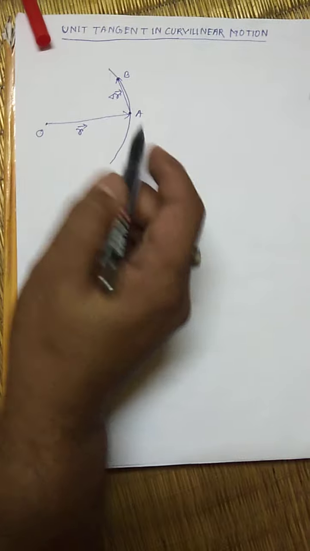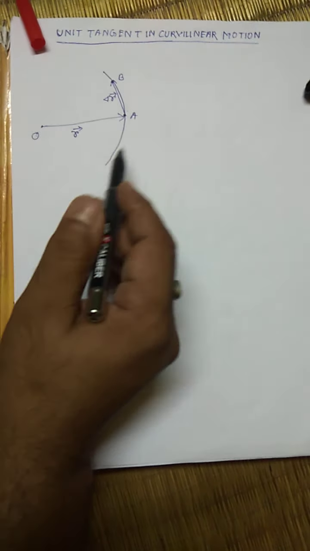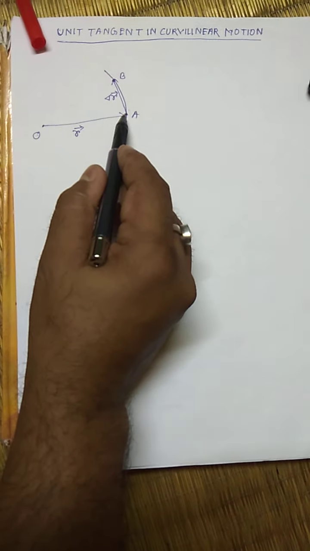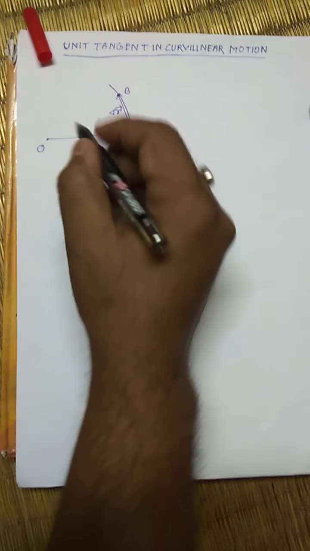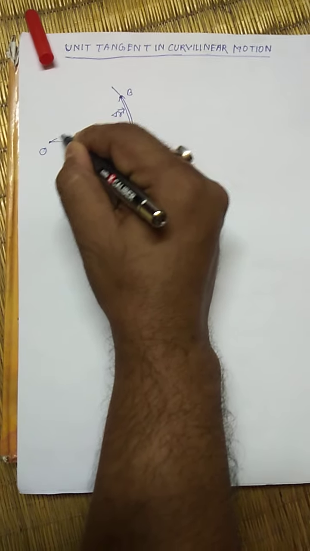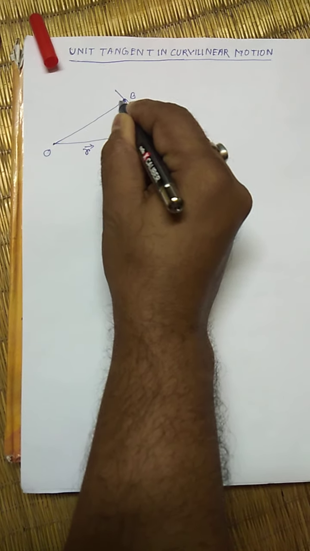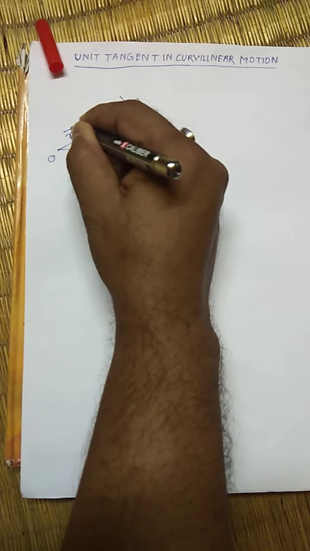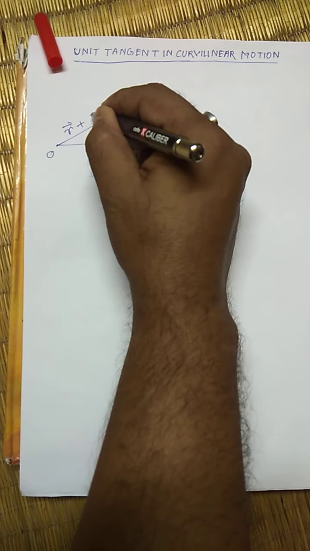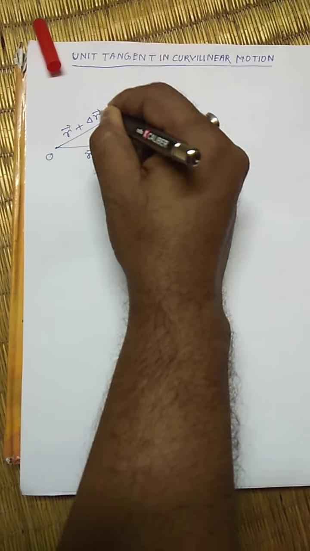Then the position vector of point B will be equal to vector r plus delta vector r. Thus we can write OB vector is equal to vector r plus delta vector r.